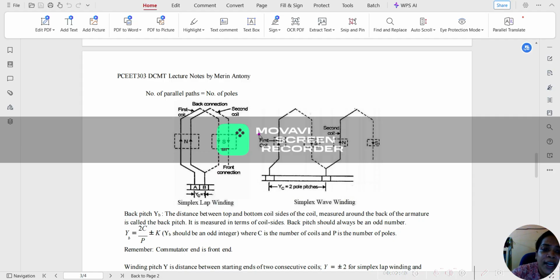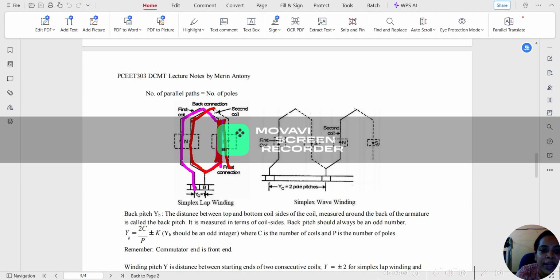If we are connecting coils in such a way that the second conductor of the first coil, I will draw the second conductor in red color, is connected to the first conductor of the second coil. You can see I am drawing it using red color. The second conductor of the first coil is connected to the first conductor of the second coil.